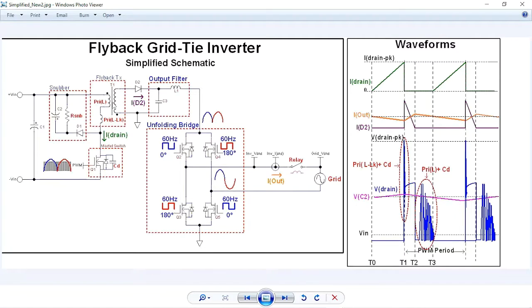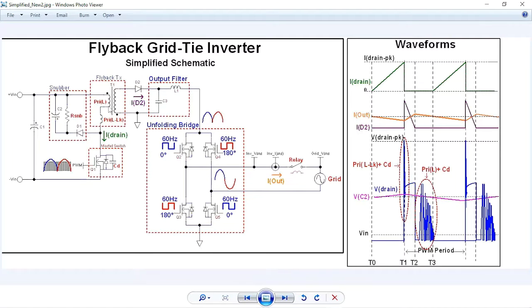While that's happening, if you go over to the waveforms, on the I drain waveform, the current is beginning to ramp up. Now this current is going into the primary winding of the transformer, and the magnetic flux is building up, but it's not being coupled to the secondary because of these phase dots. This diode is blocking, so there's no current allowed to flow in the secondary winding.